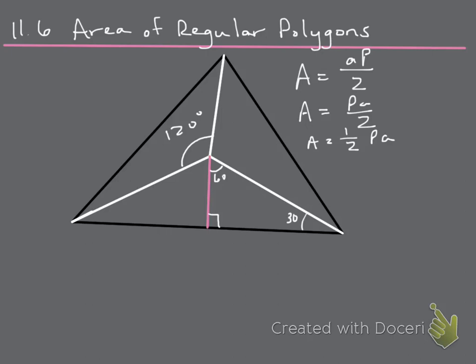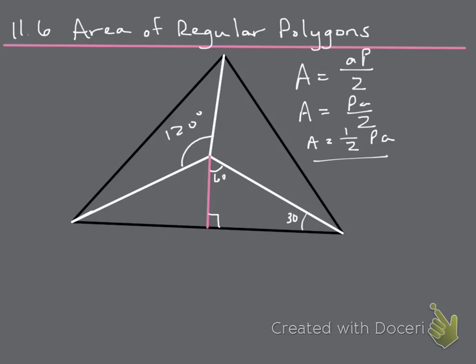And so with that opens up some options in order to find some measures. Because again, in order to solve this formula for area, we need to have the perimeter of the shape. So we need to have at least one side, because then we can just add up all the sides. And then we need the apothem.